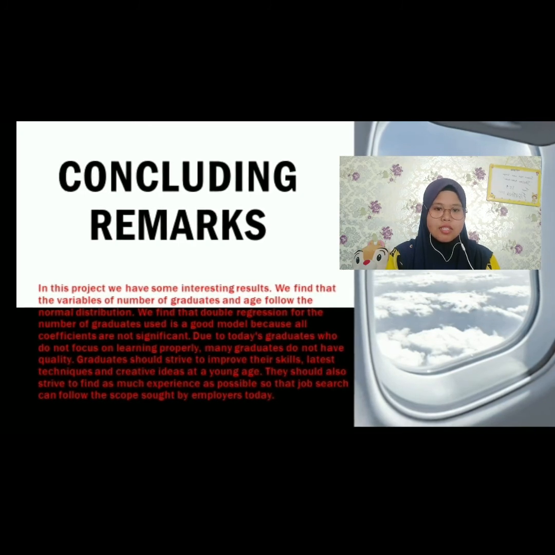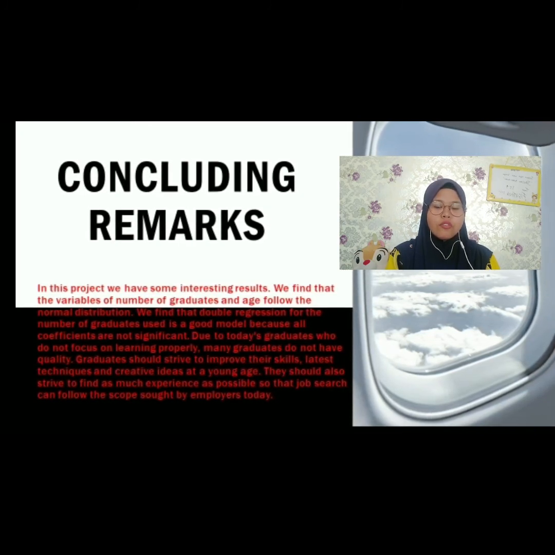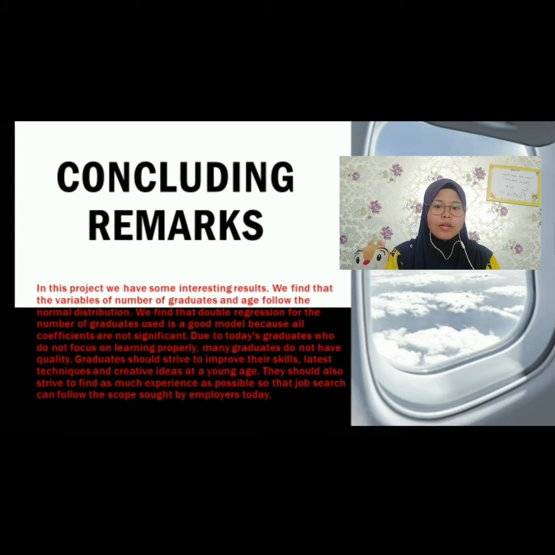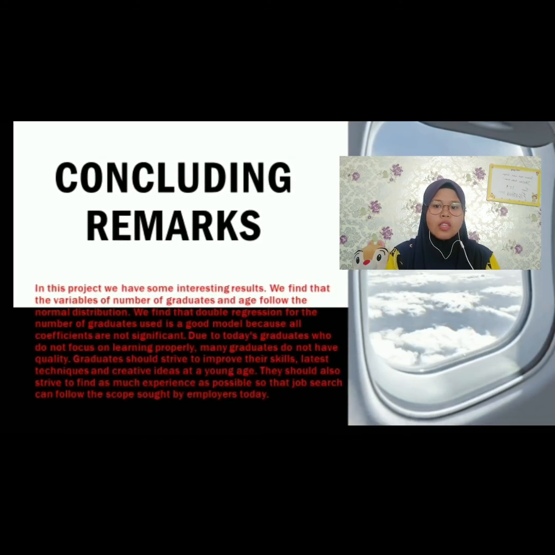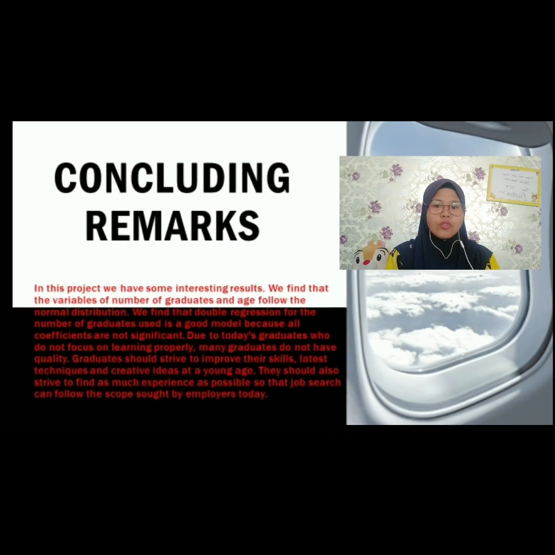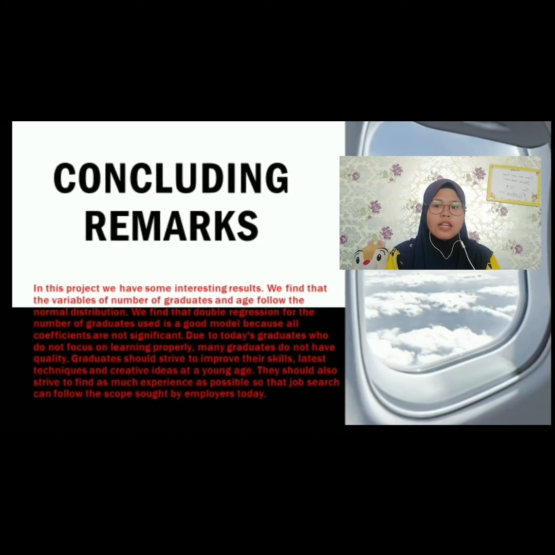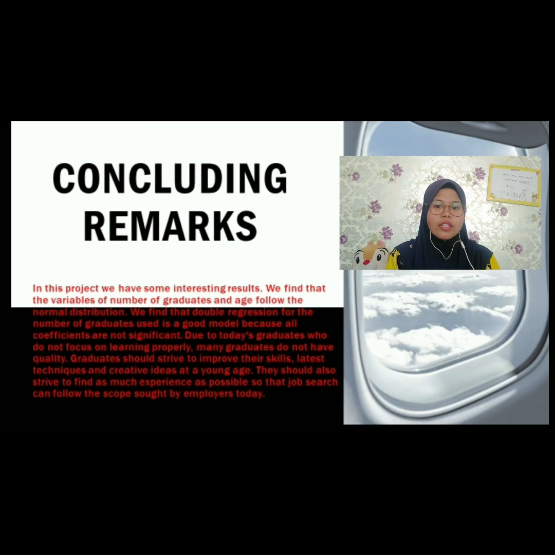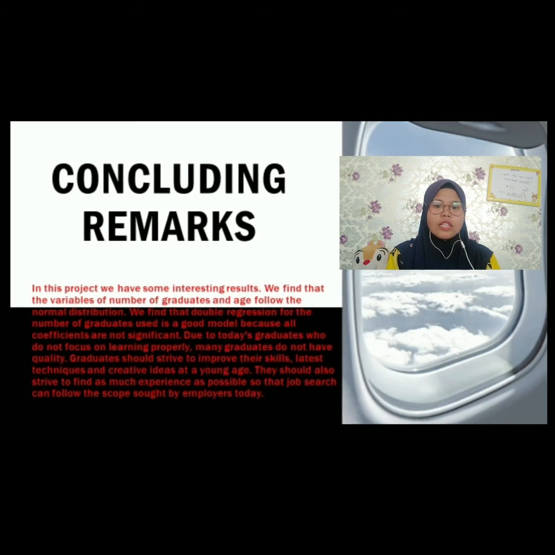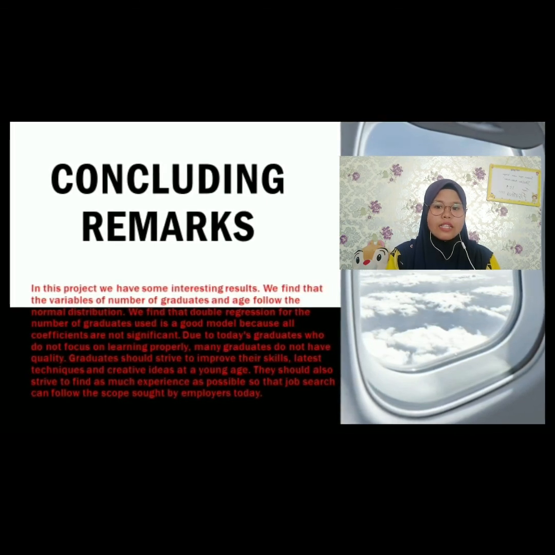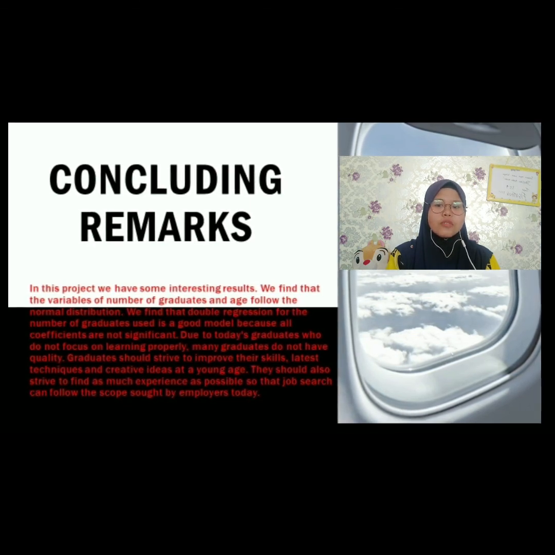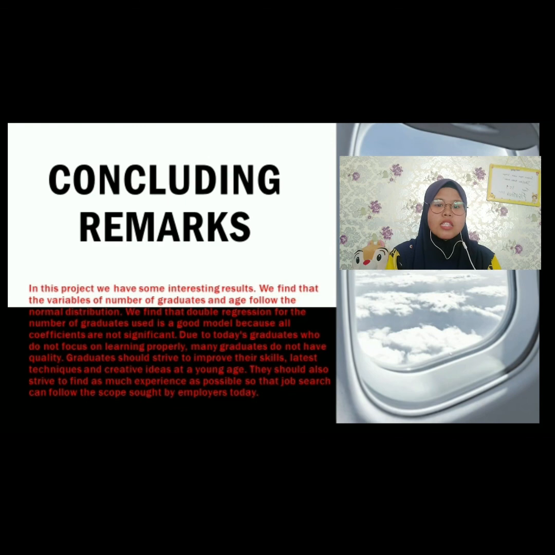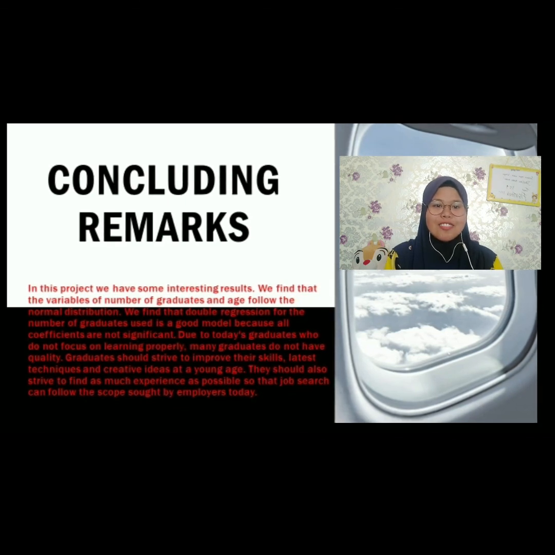Due to today's graduates who do not focus on learning properly, many graduates do not have quality. Graduates should strive to improve their skills, latest techniques and creative ideas at a young age. They should also strive to gain as much experience as possible so that their job search can follow the scope sought by employers today. That's all from me.